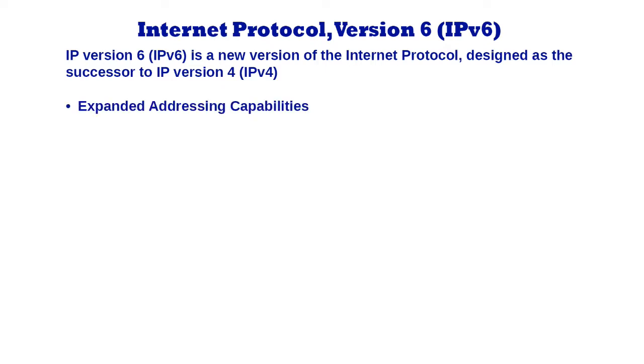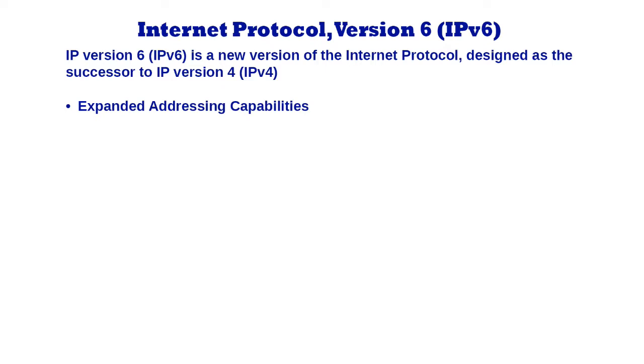1. Expanded addressing capabilities. IPv6 increases the IP address size from 32 bits to 128 bits to support more levels of addressing hierarchy, a much greater number of addressable nodes, and simpler auto-configuration of addresses.